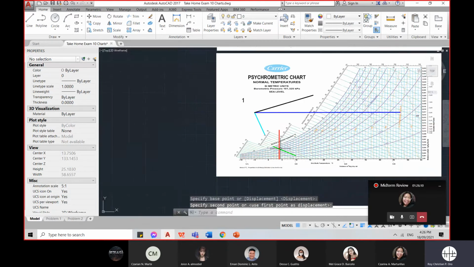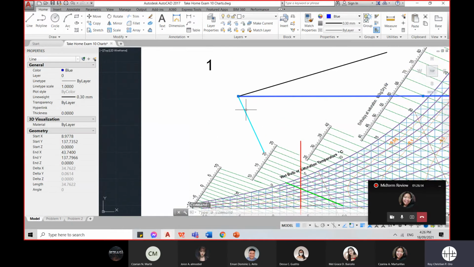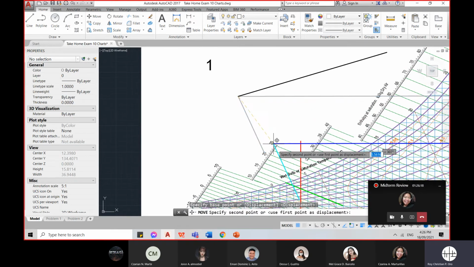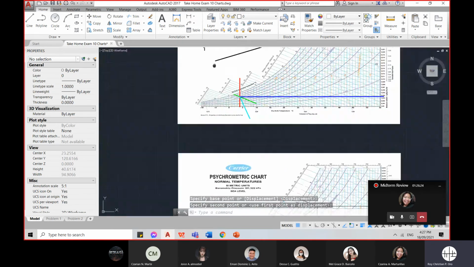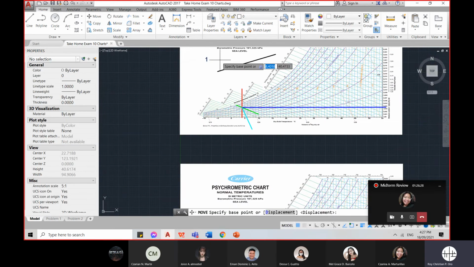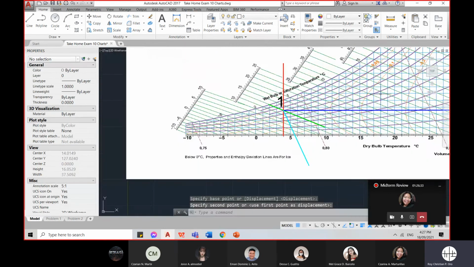Now we know state 1. We copy, move, and now we know the values for state 1. I already prepared state 1. Move. So now we have state 1.